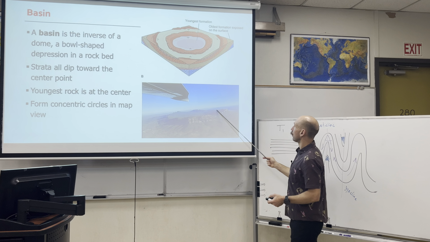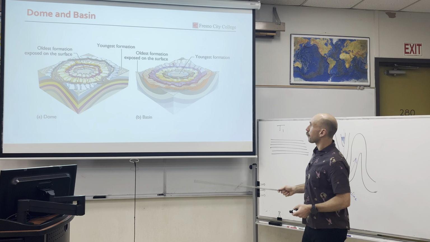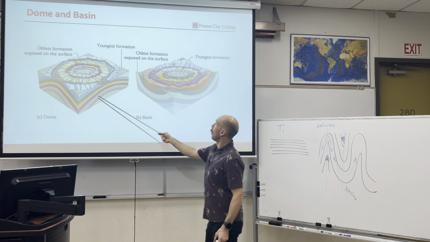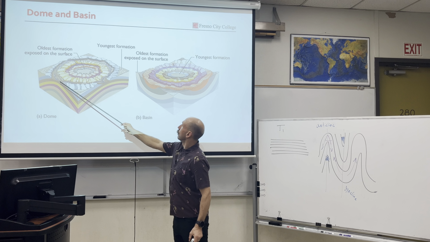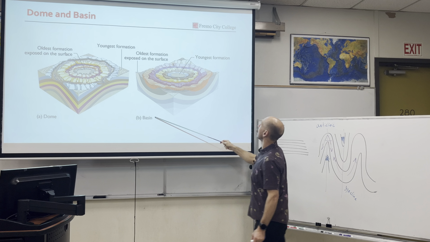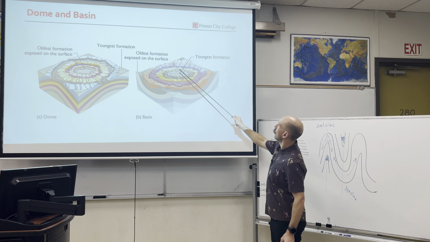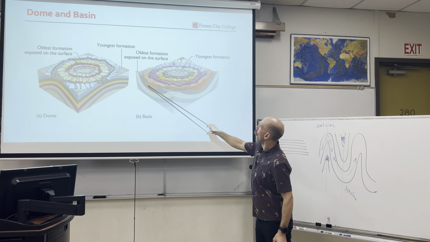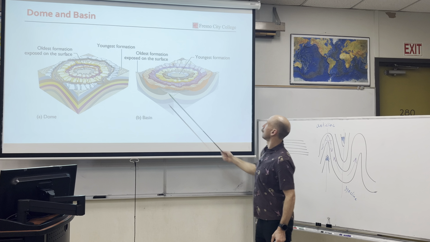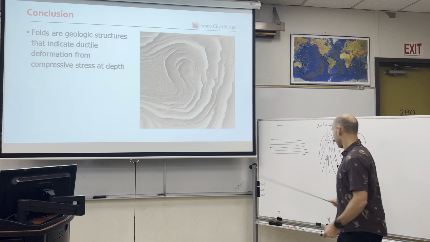Here we see a real world example of a dome, very strong layers that are surrounding it. So, dome, oldest in the center, youngest on the outside. Basin, youngest in the center, oldest on the outside. So they're opposite of one another.